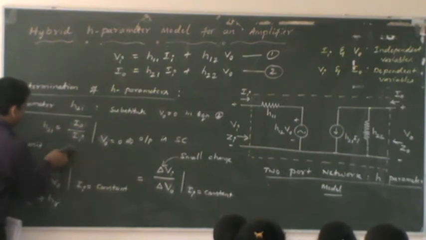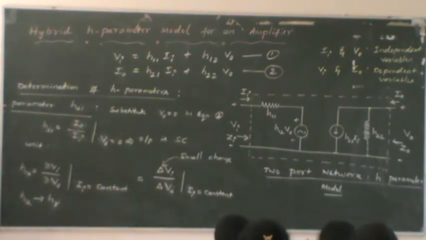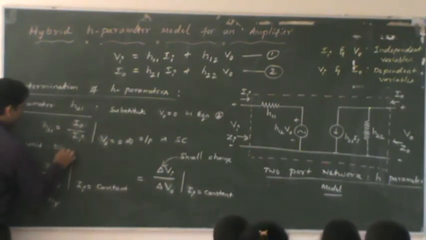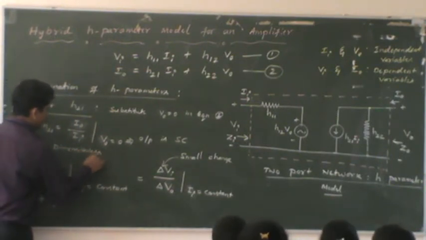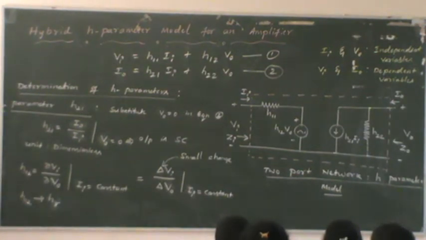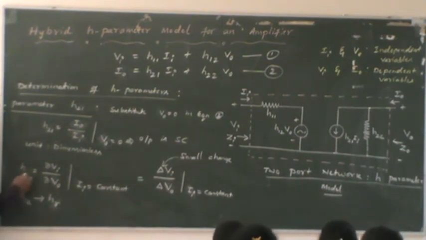What is the dimension for this? Again, it's dimensionless, because it's a ratio of output current by input current. There is no unit for this. You can also write the definition as per partial calculus.